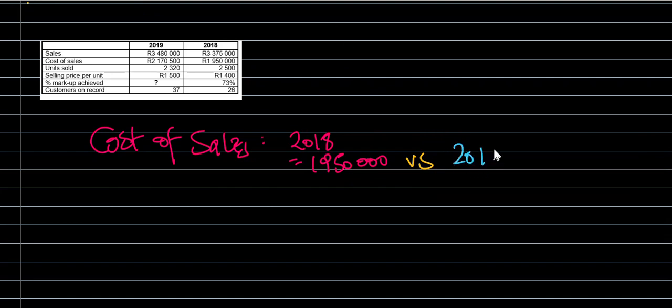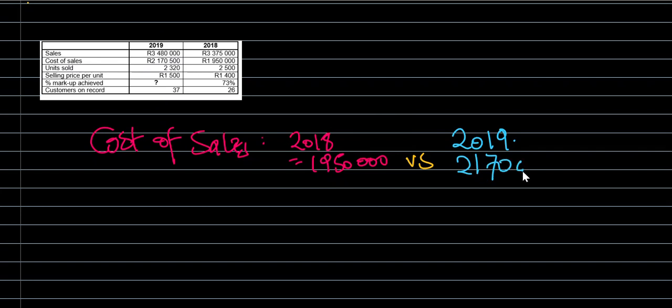Just erase this here and try to put it on top here. 2019, how much we have? We have 2170.